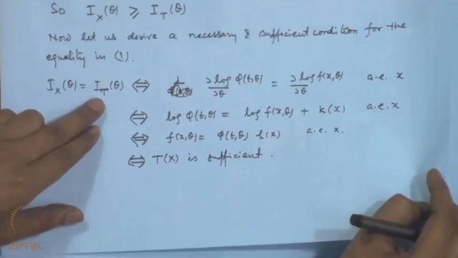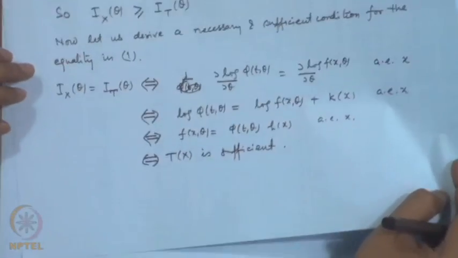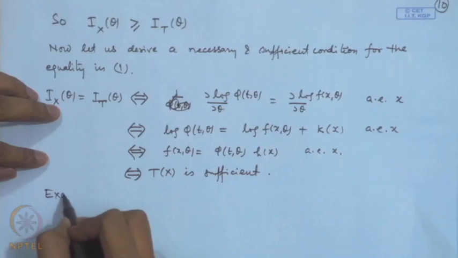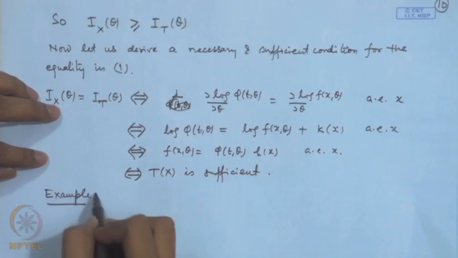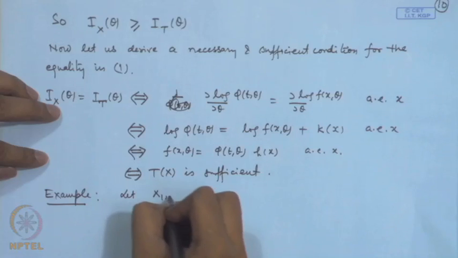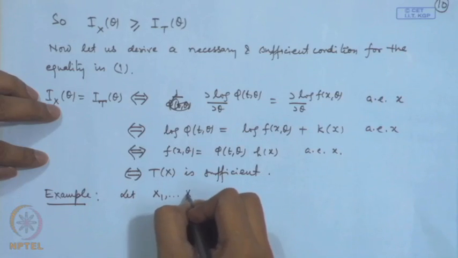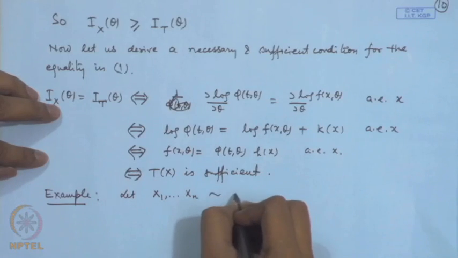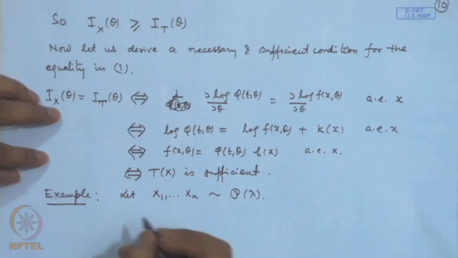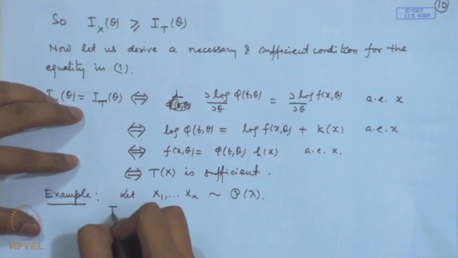Let me give an example of calculation of the information. We will show that this statement is true. So, let me take up say, let us consider say x 1, x 2, x n following say Poisson lambda distribution. Let us take several statistics.